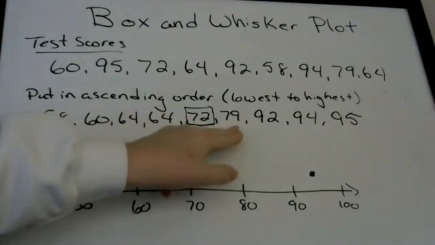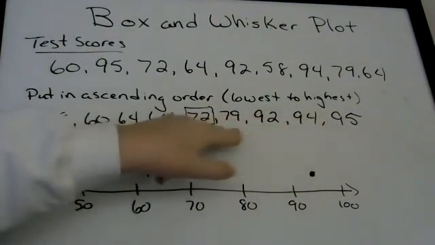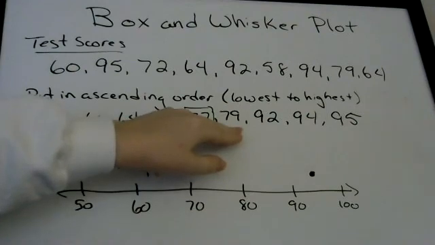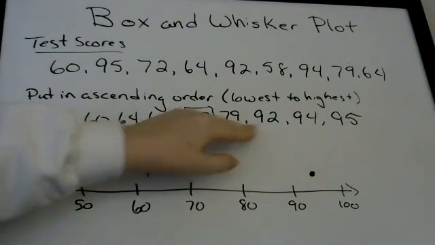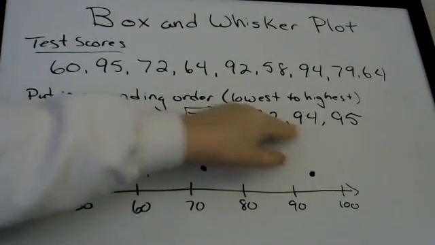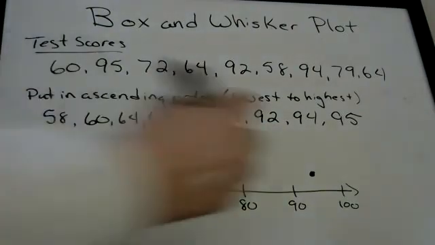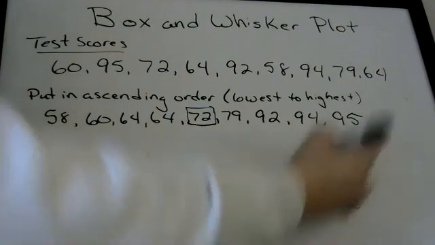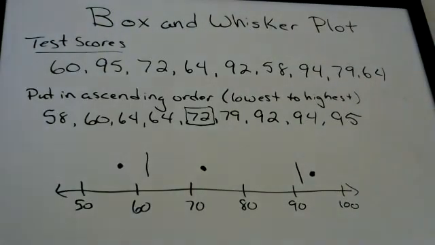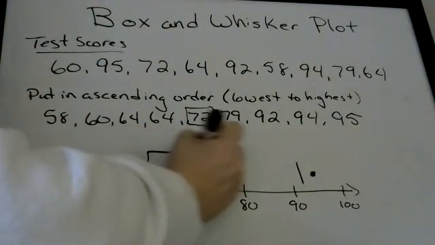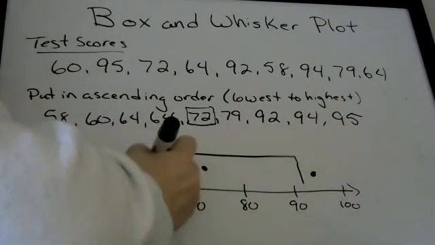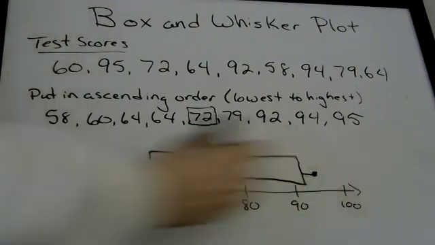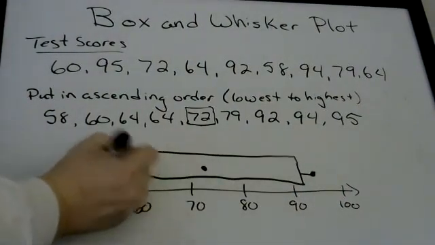Then we do the same on this side. 1, 2, 3, 4. We look at these 4 numbers and find the median. So again, it's between 92 and 94. Take the average, so it's 93. So that's the upper quartile. Then we just draw the box. We just connect those 2 lines. And then we draw our whiskers out to our minimum and our maximum.